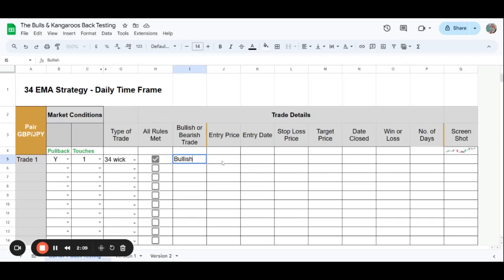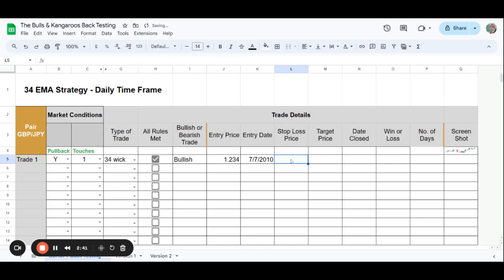We put in our entry price. So, it could be 1.234. Entry date, let's just put down 1st of the 1st. The date that's relevant, so we're entering on the 7th of the 7th, 2010.